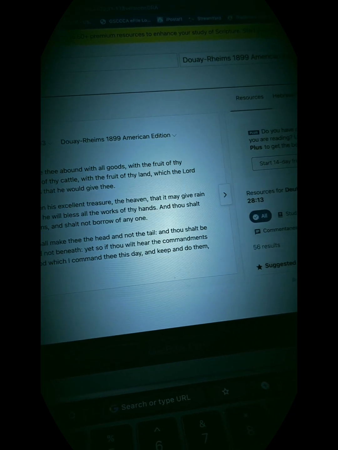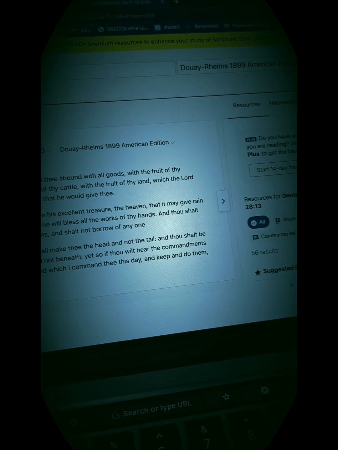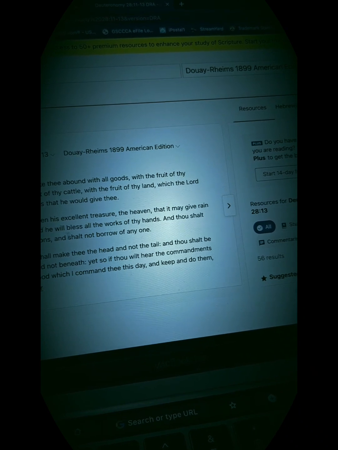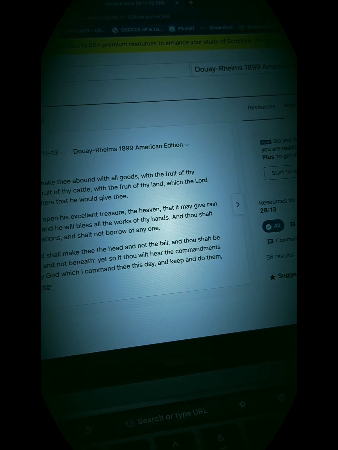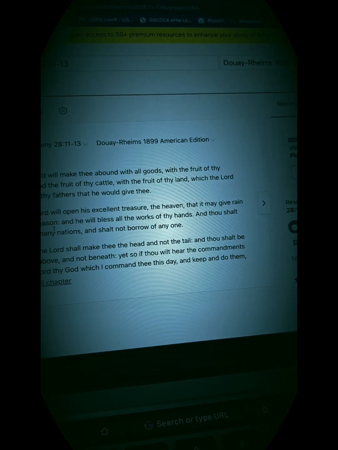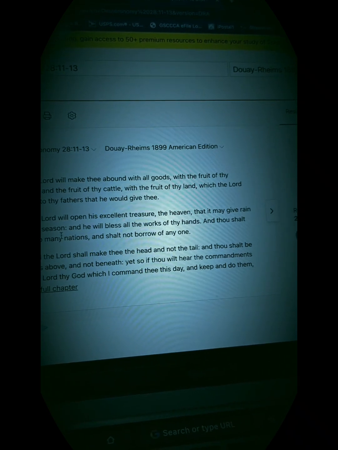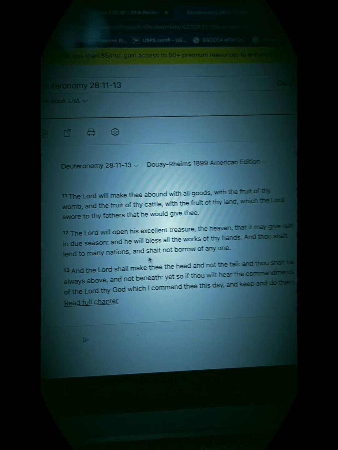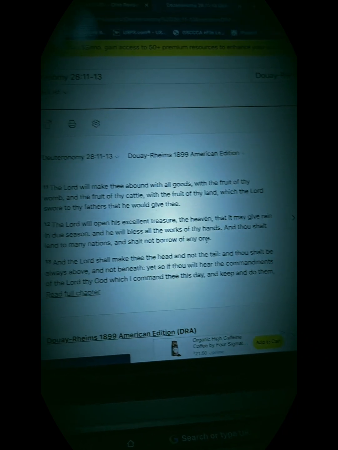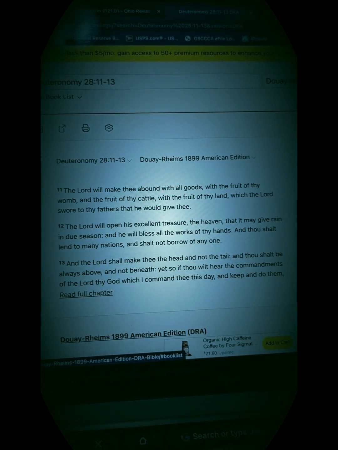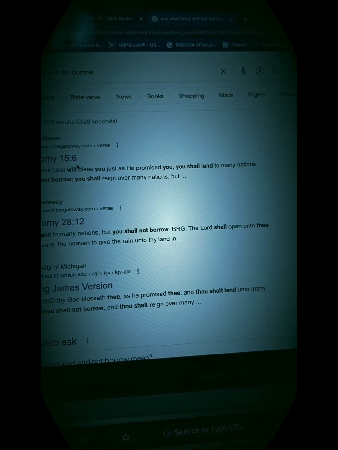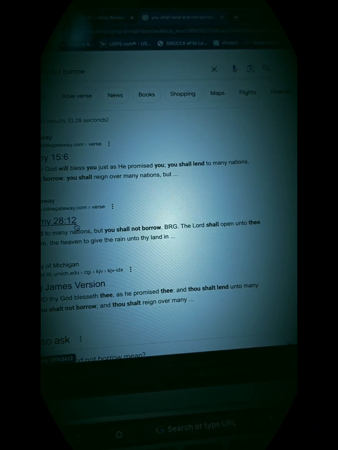The Lord will open his excellent treasure in heaven, the heaven, that it may give rain in due season, and he will bless all the works of thy hands, and thou shalt lend to many nations and not borrow, and shall not borrow of anyone. Okay, this says this in this scripture as well as Deuteronomy 15:6, Deuteronomy 28:12.